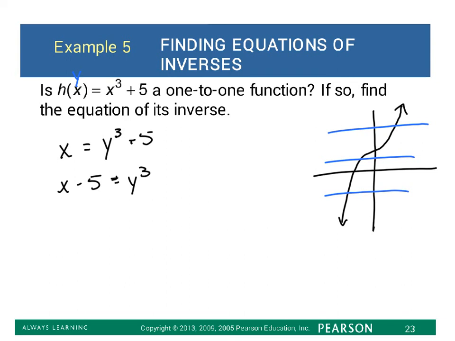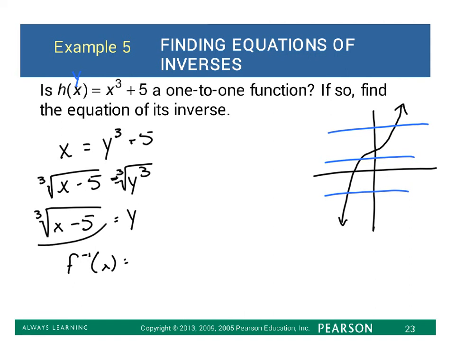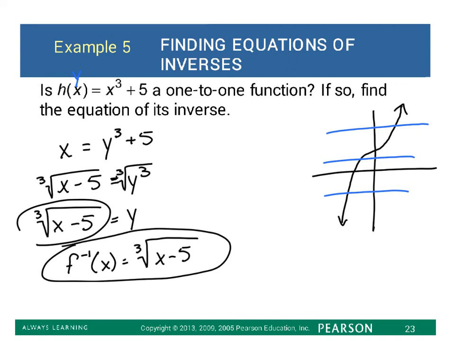And now to get y by itself, take the cube root of both sides, and we get y equals the cube root of x minus 5. And then replace our y with the inverse, f inverse of x, and that is equal to this right here, the cube root of x minus 5. And we're done. So we found the inverse.